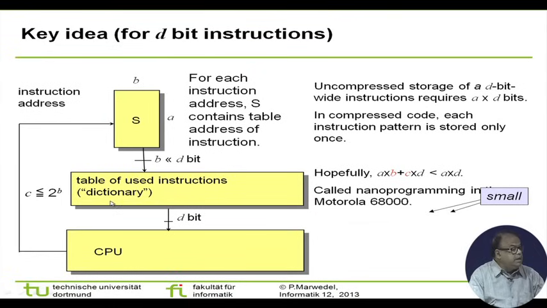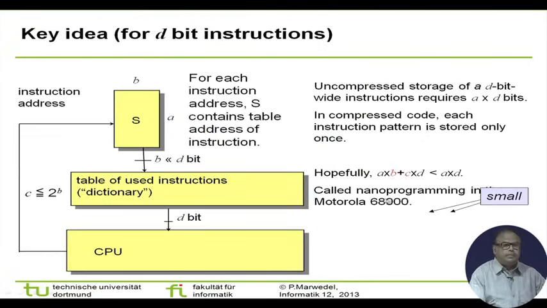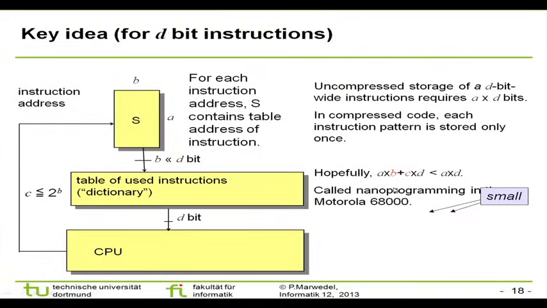Therefore, we hope that a times b plus c times d would be much less than a times d. Thereby, we can get the compression. That is a very nice way, and this is used in Motorola 68000 and is called nano programming. We can also use source coding for this. I will come to that later.